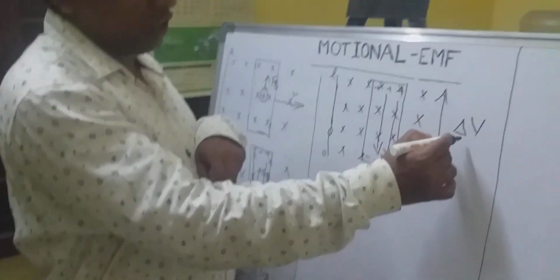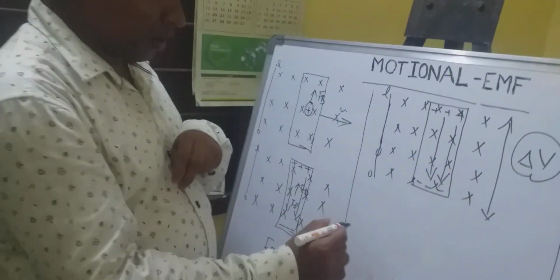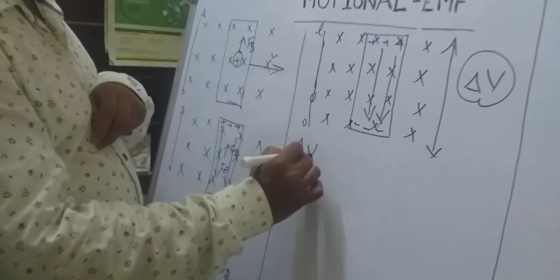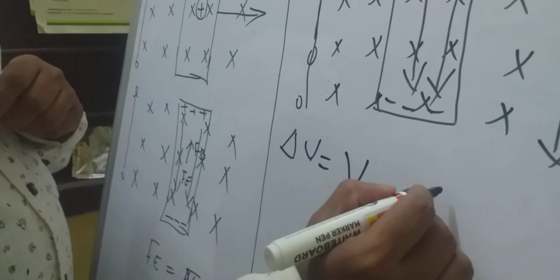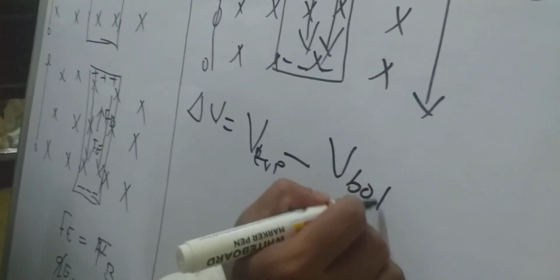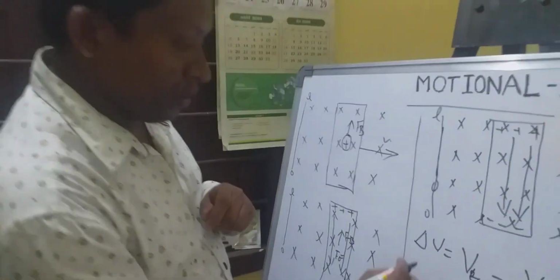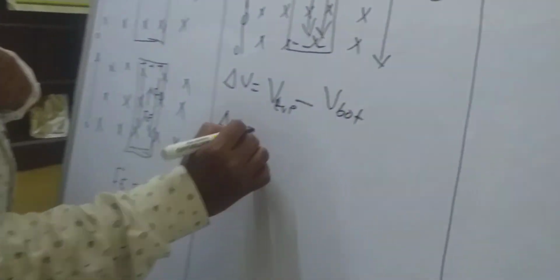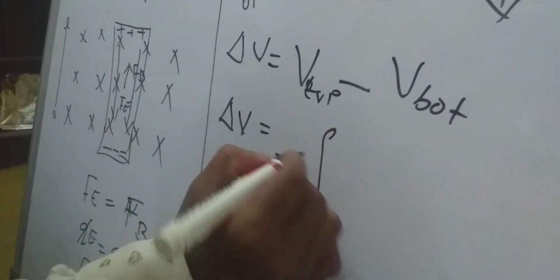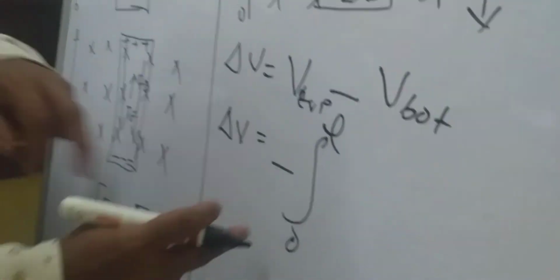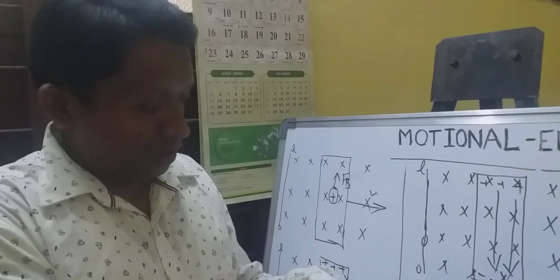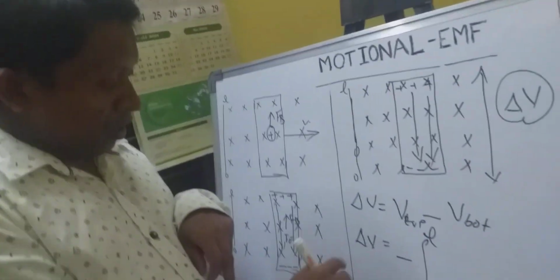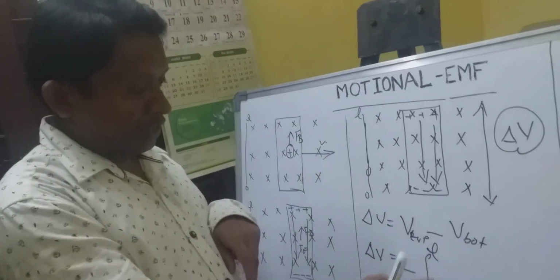This potential difference relationship we already know: delta V is equal to the potential at the top minus the potential at the bottom. So delta V is equal to minus the integration from 0 to L of E_y dy. I already derived this formula, the relationship between potential difference and electric field.